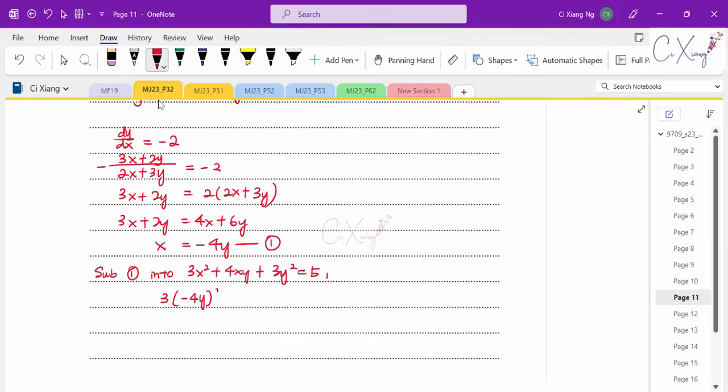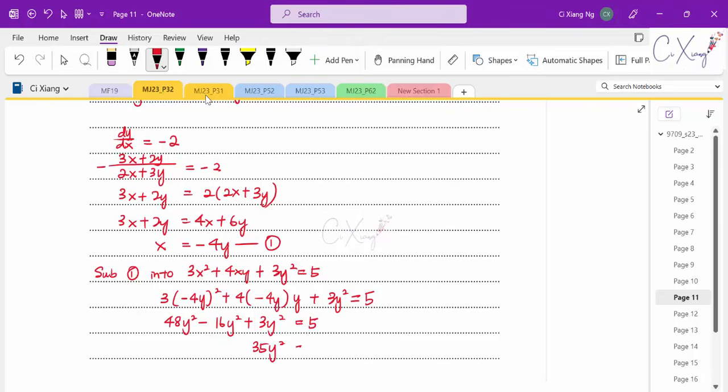So 3 times negative 4y squared plus 4 times negative 4y, then multiplied with y, then 3y squared is just 3y squared, nothing to substitute, equals 5. If I simplify all this, I should have 48y squared minus 16y squared plus 3y squared equals 5.